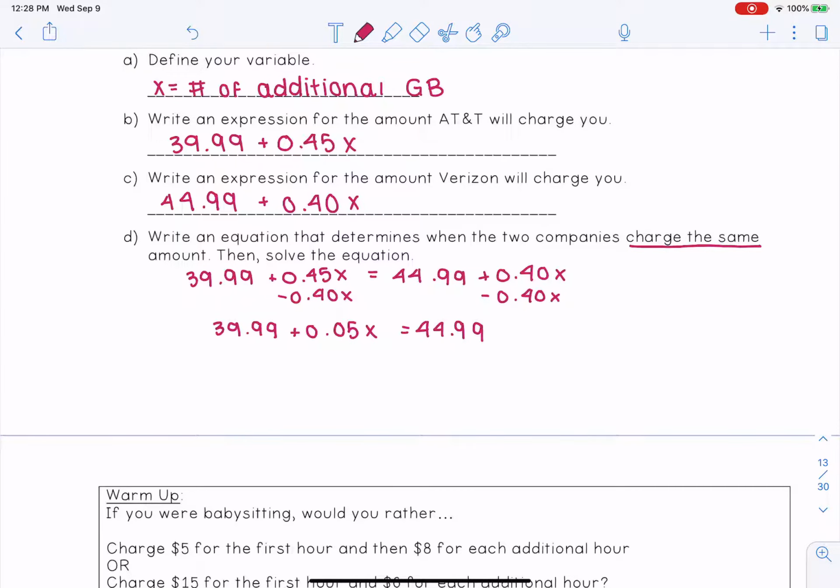Now we're going to subtract $39.99 from both sides. So we get 0.05x equals $44.99 minus $39.99, which is just 5. So 5 divided by 0.05 will mean we have 100 gigabytes.